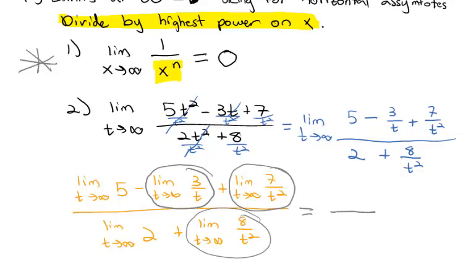Well, gee, there's no t's in there. It's just 5. There's no variable to plug anything in. We don't care. It's just a 5 regardless of what t does. Minus 0 plus 0, that's 5. In the denominator, the limit as t goes to infinity of 2 is just 2 plus 0. So the limit as t goes to infinity of this entire fraction is 5 halves.